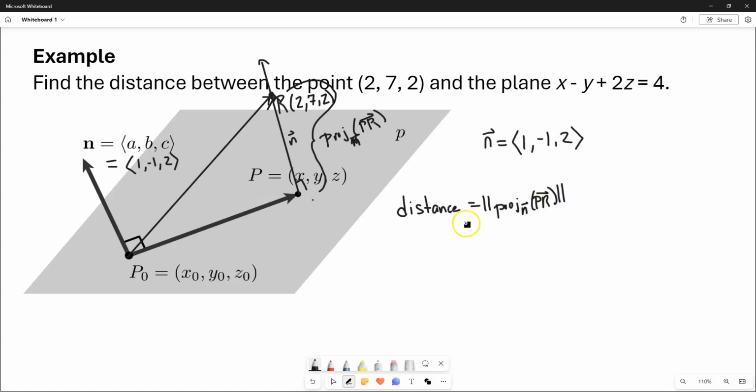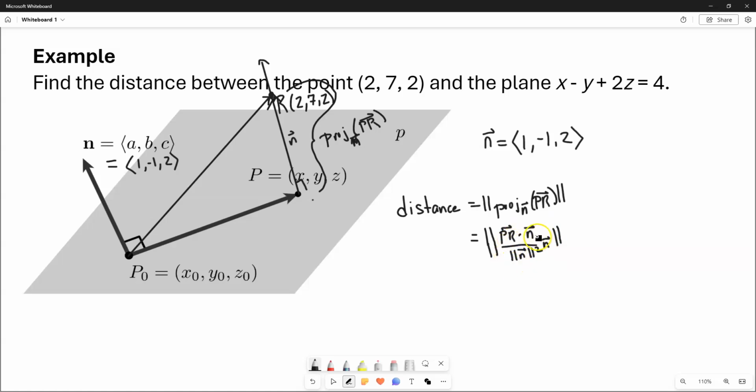onto n. Now, in the discussion of the projection, we talked about how to calculate it: it was PR dotted with n divided by the magnitude of n squared, times that n vector.